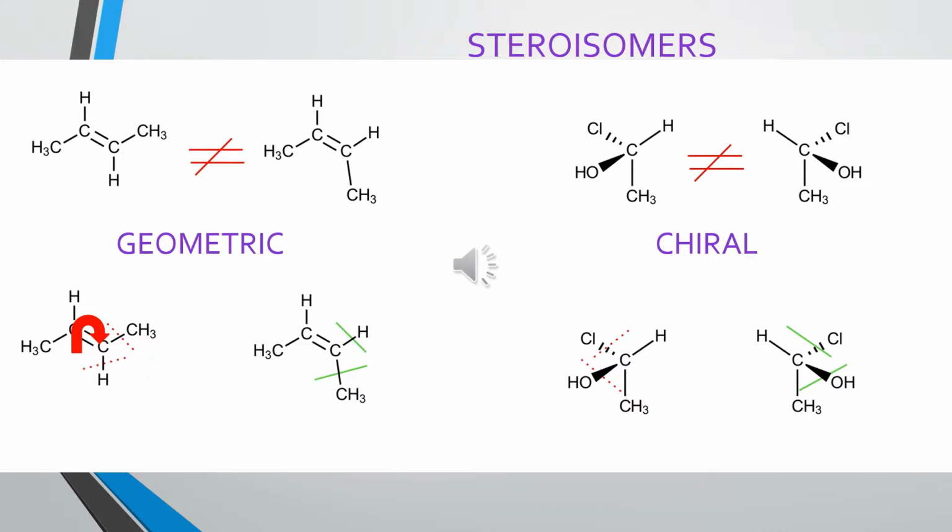And notice something. The relationship between the left-hand structure and the right-hand structure is what? Yeah, they're mirror images, but they're not identical. They are non-superimposable mirror images, just like your left hand and your right hand. Hold up your left hand, and hold up your right hand, and hold them right out in front of you.